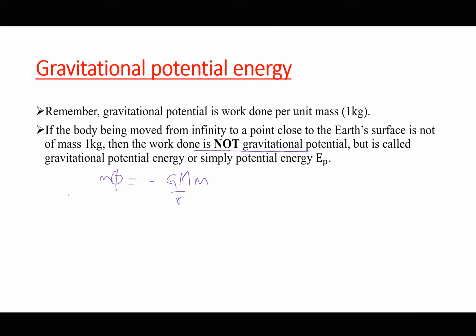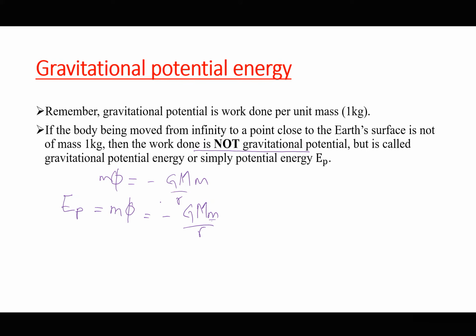So it means the gravitational potential energy, which is written as EP, is going to be equal to the mass times the gravitational potential, which will be negative G capital M small m over r, where small m is now the whole mass which is removed from infinity to a point in the gravitational field. So for a body of mass m, its gravitational potential energy will simply be the gravitational potential times the mass of the body. Gravitational potential multiplied by the mass of the object.